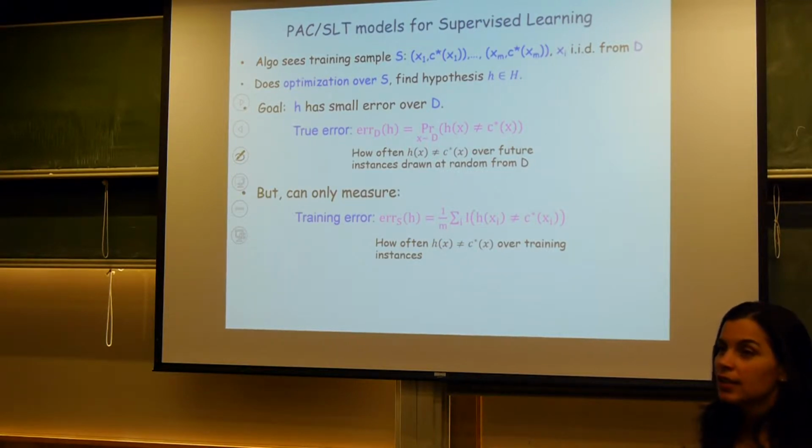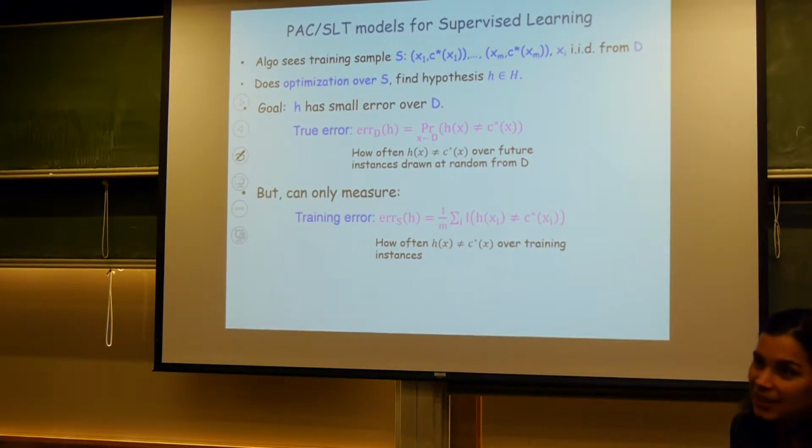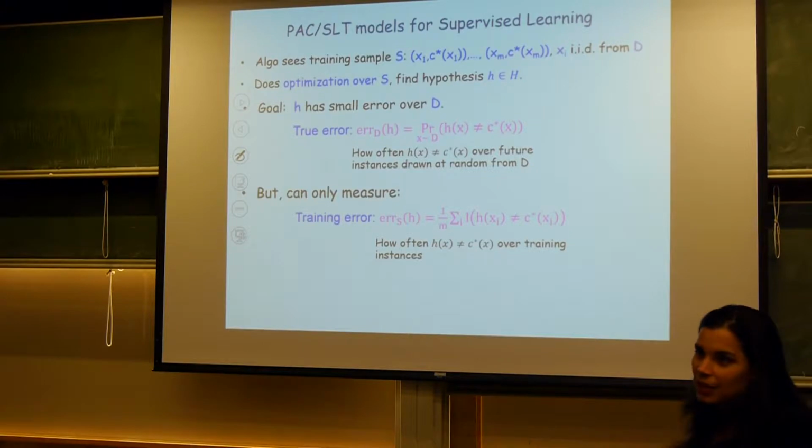It is the number of samples that, so we have the training set, and we know the label for them. Then we check that with the hypothesis, and see how many of the labels are predicted incorrectly. Exactly. And we normalize it by the number of training samples, so we get a fraction. So training error is just the fraction of misclassified examples with respect to the hidden target function.